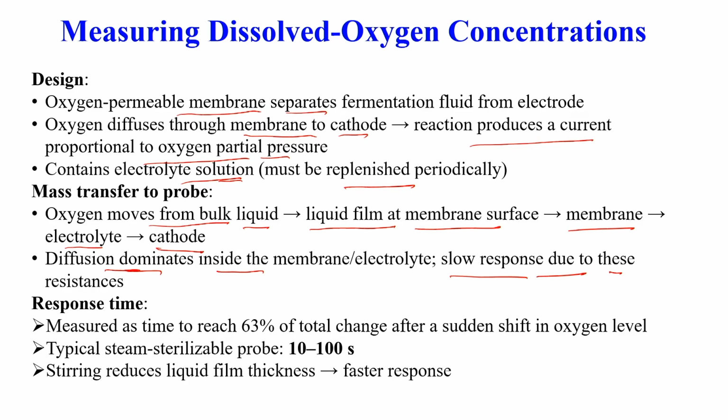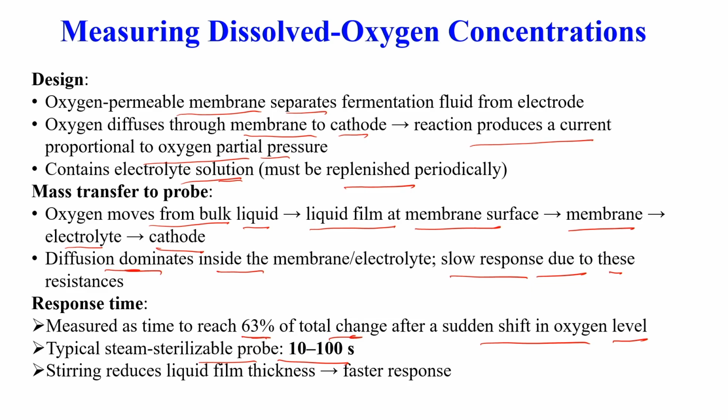For a typical steam sterilizable probe, the response time is quite quick, 10 to 100 seconds, measured as the time to reach 63% of total change after a sudden shift in oxygen level. So, we have to see, depending on the change in the oxygen concentration, how quickly it is able to measure the concentration.